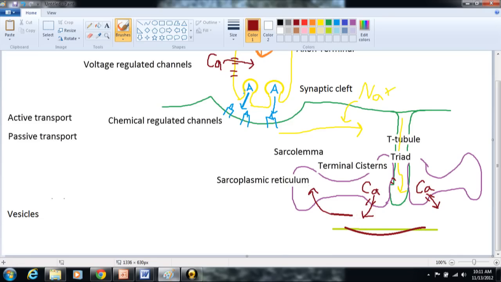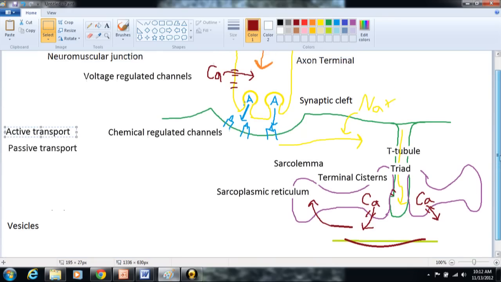That pumping back in is active transport. Okay, it requires ATP and it's going against its concentration gradient from lower concentration to higher concentration.